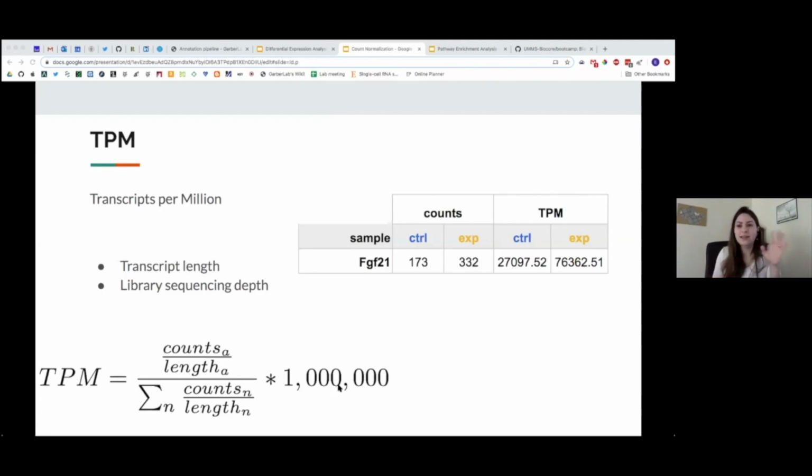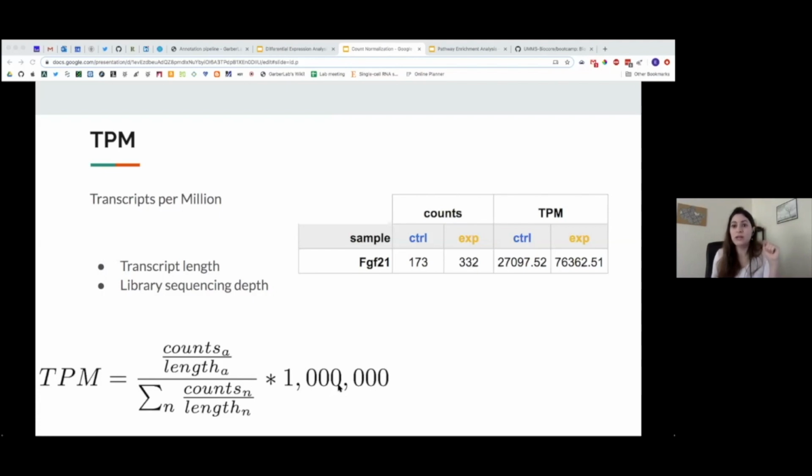But in reality, when we're just working with a regular RNA-seq library with no unique molecular identifiers, then correctly it would be more like reads in a million reads, but I don't want to say reads per million because that actually is another method of normalization, and reads per million only means that you normalize by the library depth.